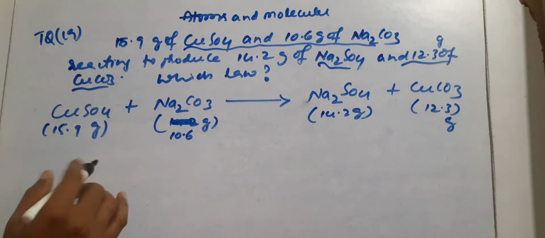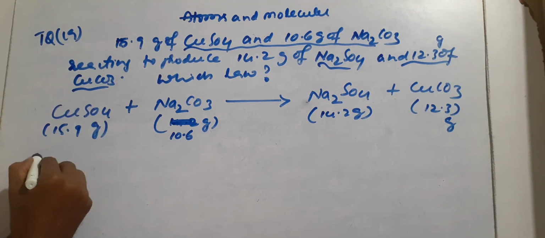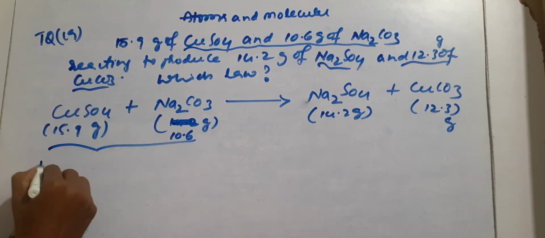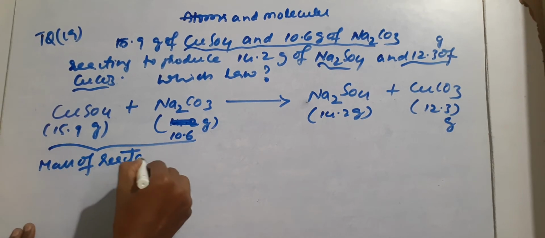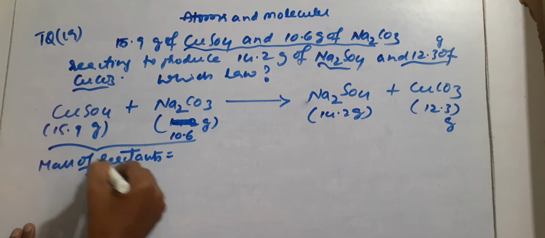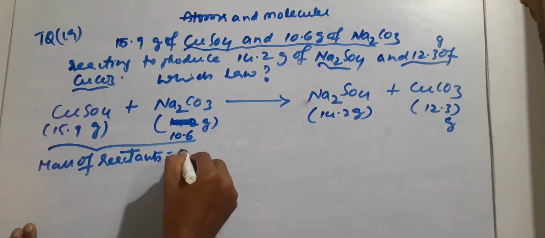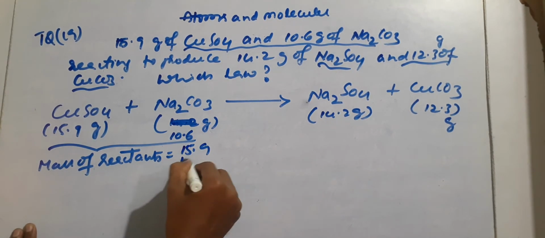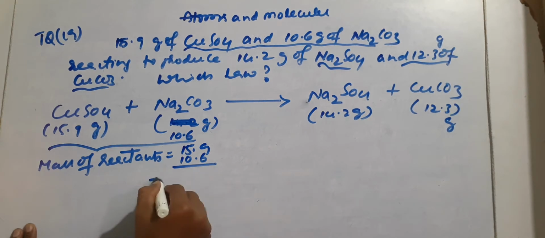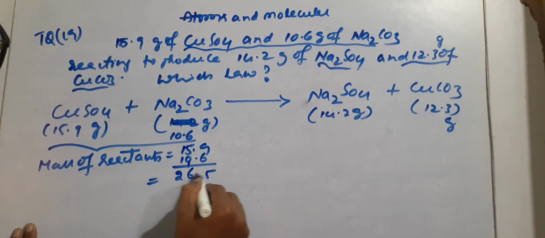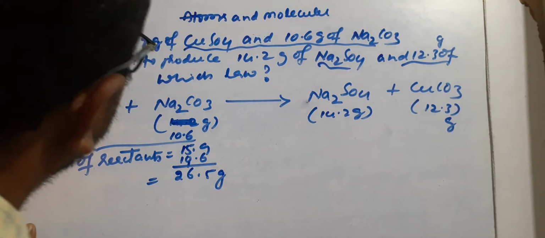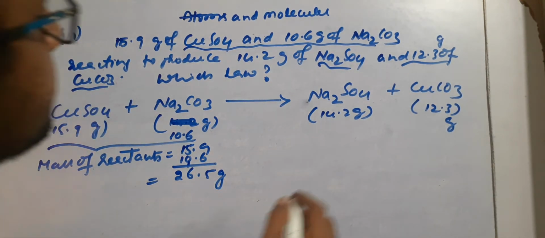We want to find the mass of the reactants. These two are reactants, students. So the mass of reactants: 15.9 plus 10.6, that is 26.5 grams.